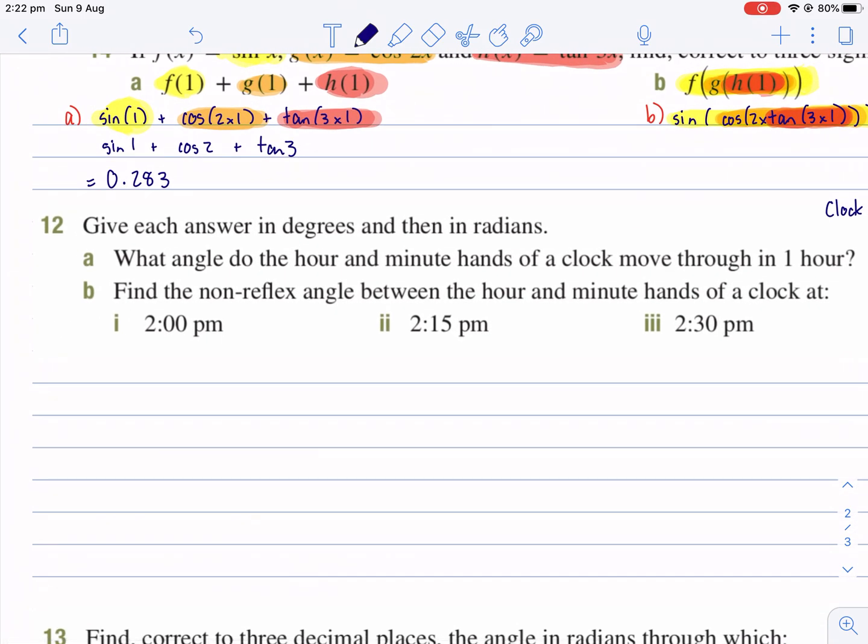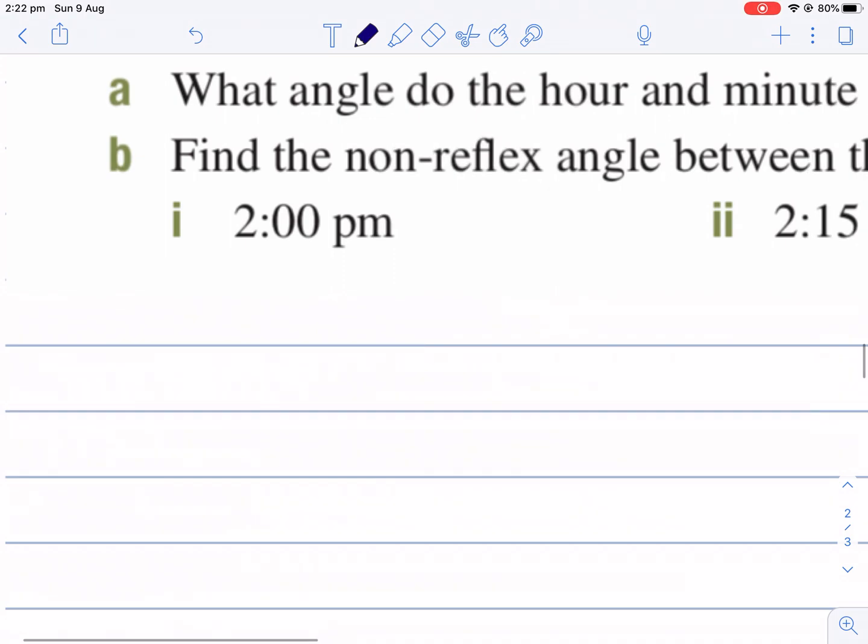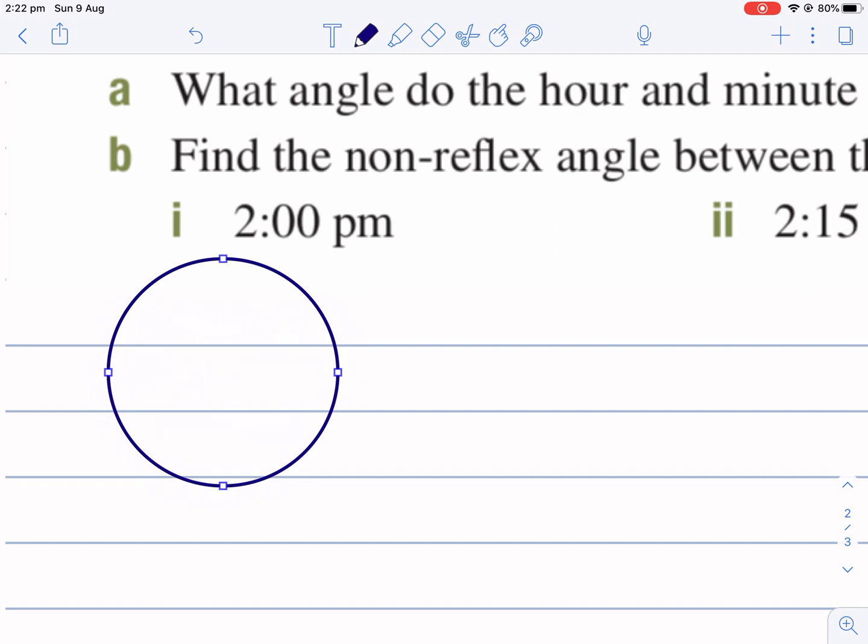Find the non-reflex angles, so the inside angle, between the hour and minute hands of a clock at 2 p.m. So at 2 p.m., let's pretend we've got our clock. And at 2 p.m., we've got the short one pointing there, and the long one pointing there.